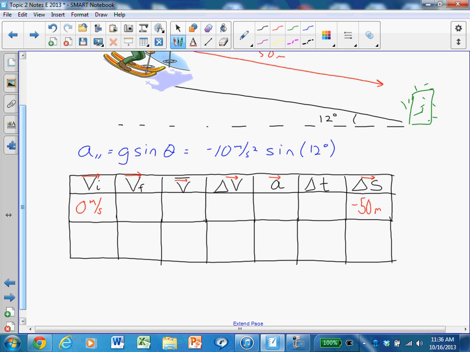Minus 2.08 meters per second squared. G is the acceleration due to gravity, minus 10. That's just the first one. We're going to do the first one first, and then the hay bales next.